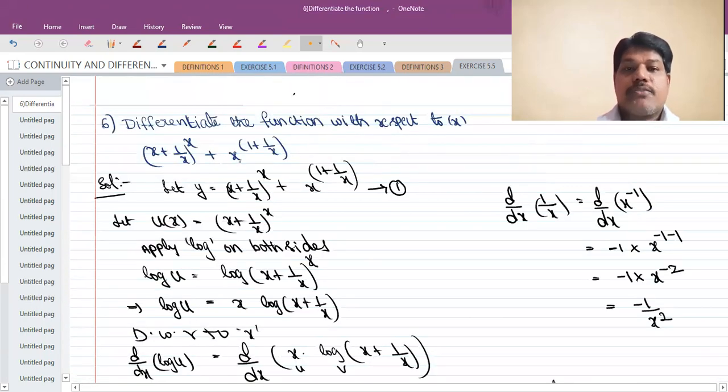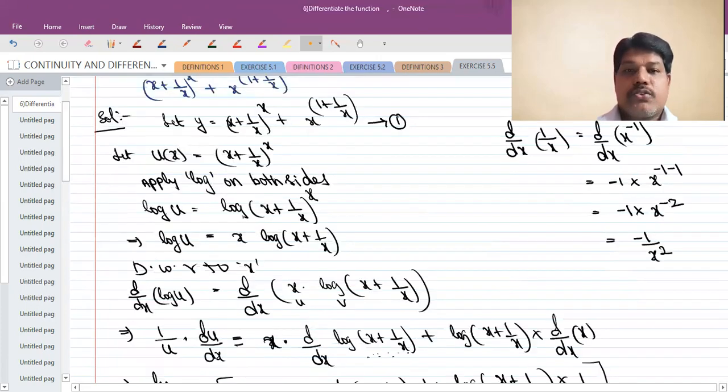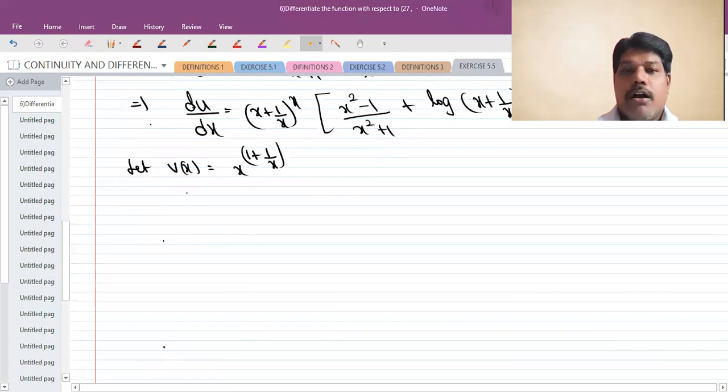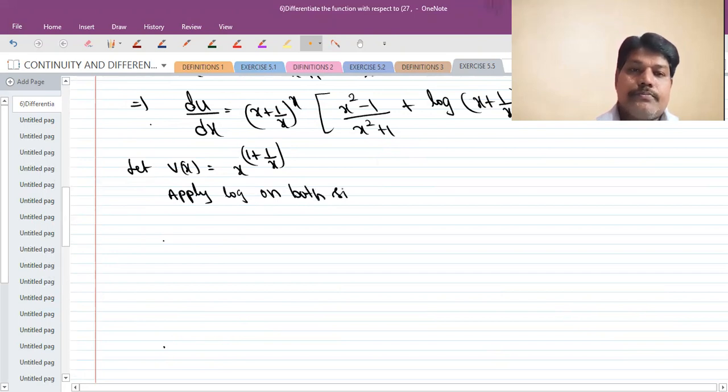What is the v value? X power 1 plus 1 by x. Then the procedure is the same, students. Just apply log on both sides.